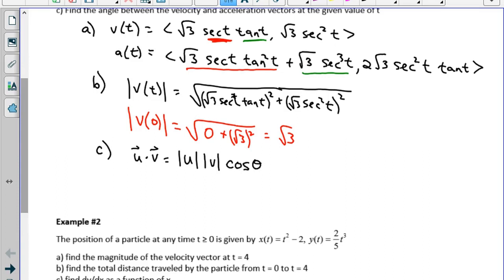So if we want to find the angle between them, we can divide by the magnitude of each of u and v and then take the inverse cosine. So theta is equal to the inverse cosine of u dot v over the magnitude of u times the magnitude of v.